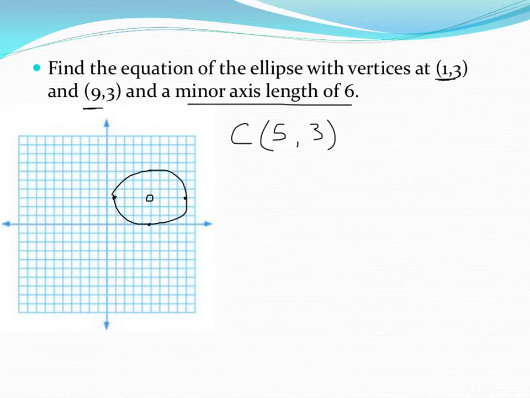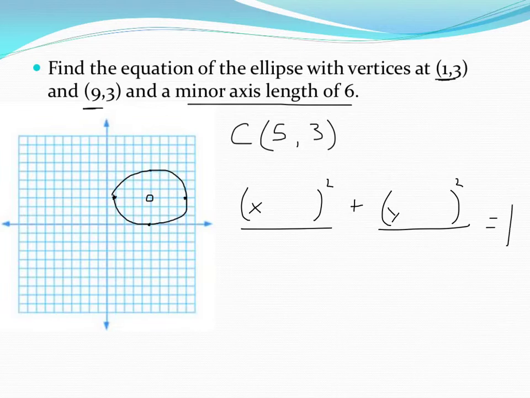This gives us plenty of information to write the standard form equation of the ellipse. I'm going to put together the building blocks of it here. The two quantities squared, one with x and one with y. Both are going to be divided by their corresponding radii, and all of this should equal 1.